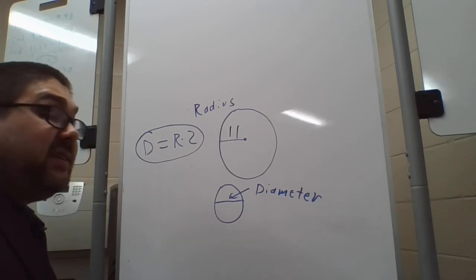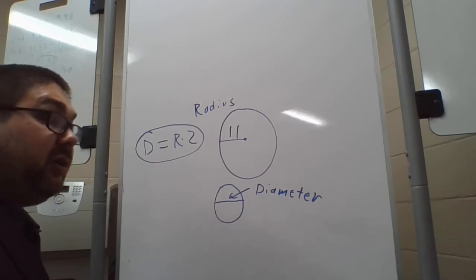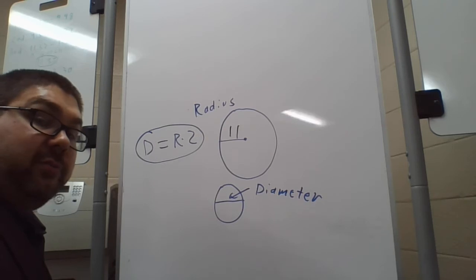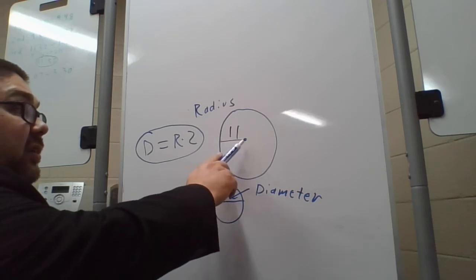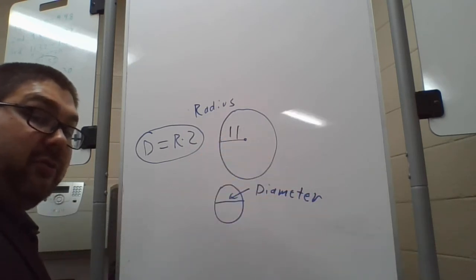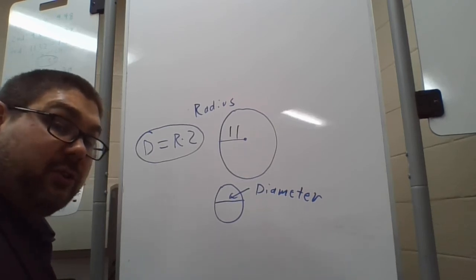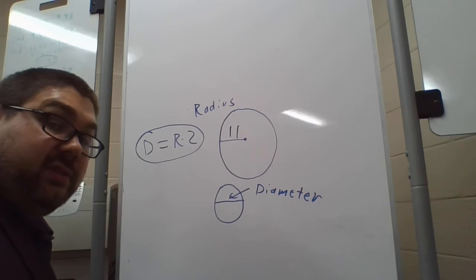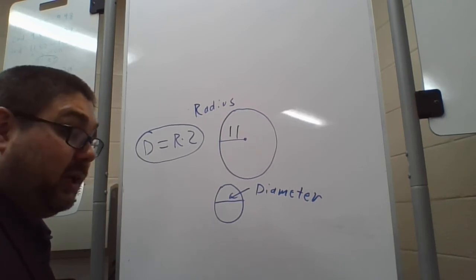So, this is pretty simple, but there are 3 important vocabulary terms to know out of what I just wrote. The first one is the middle point, the middle of a circle. It's exactly in the middle of the circle.